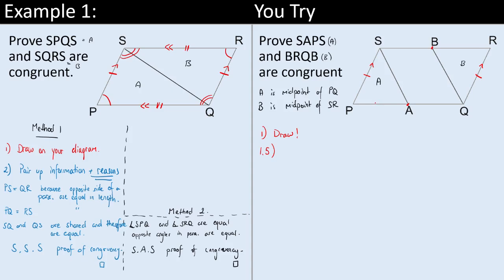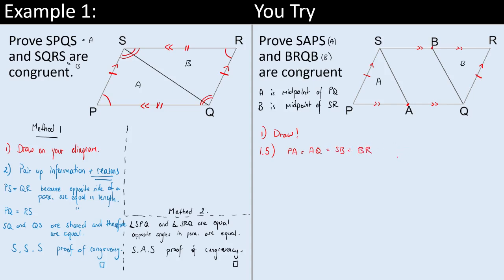I know that each of these bits are going to be parallel. That's fair enough. And I know that each of these bits are going to be equal in length. So I know that PA is going to equal AQ, is going to equal SB, is going to equal BR.